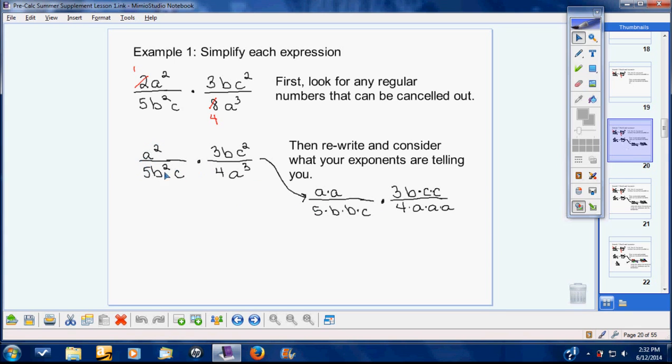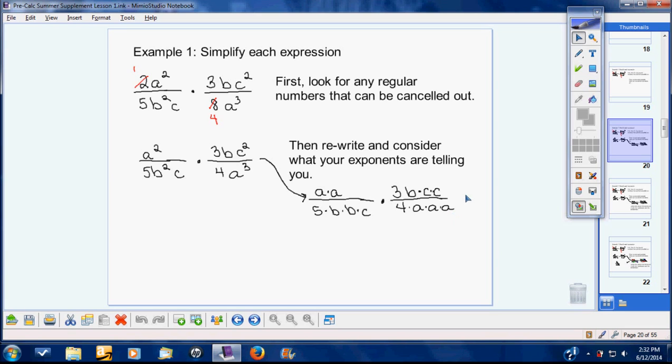Okay, here are the two things with the 1 and the 4 replacing. Then if we write this out the long way, now you know some rules about how to handle shortcuts with the exponents when you have like bases, but I just want to review that with you. So a squared is a times a, b squared is b times b, c squared is c times c, and a cubed is a times a times a.